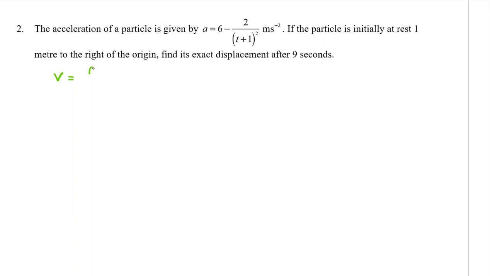Now, it's not quite in the right form for something that I'd like to integrate, so I'm going to bring my fraction up to be a t plus 1 in brackets to the power of -2. All right, integrating. 6 becomes 6t, then adding 1 to the power, you get t plus 1 to the power of -1 over -1.